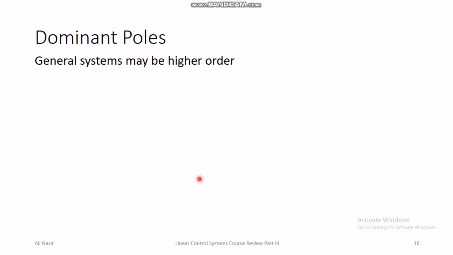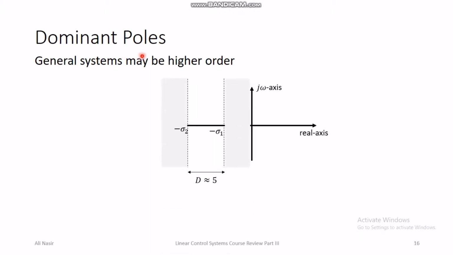Alright, so then there is a concept of dominant poles. This concept is very important when you have a higher order system like a third order or fourth order system, and you want to approximate it with a corresponding lower order system by ignoring one or two poles. The concept is such that some of the poles in the transfer function of the plant or system are close to the j omega axis, and some of the poles are away from the j omega axis.